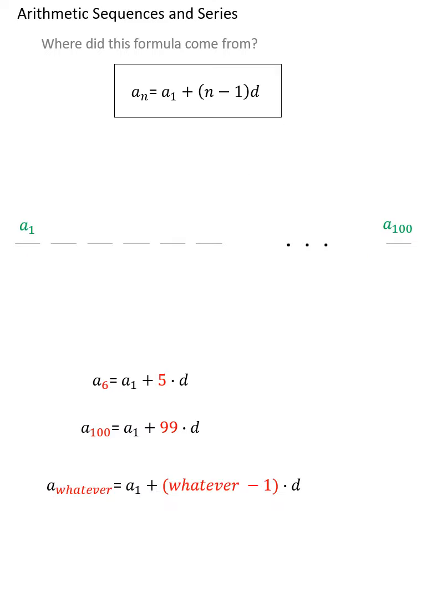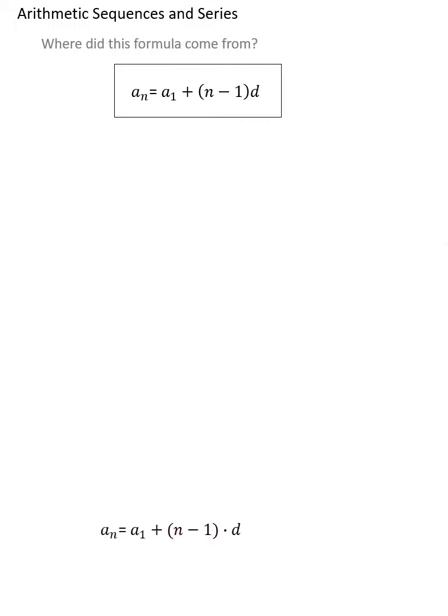In fact, I think it's fair to say in general that whatever term we want, we could add 1 less than that whatever number of d factors to the first term. Or to sound more algebraic, rather than using the word whatever, let's let n represent any particular term that we want. And what this shows is exactly where that formula came from.